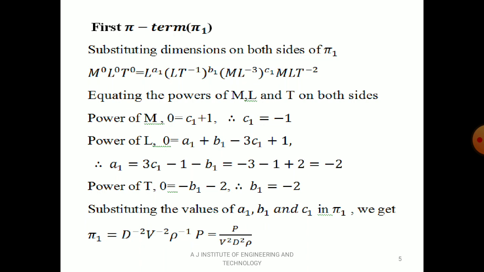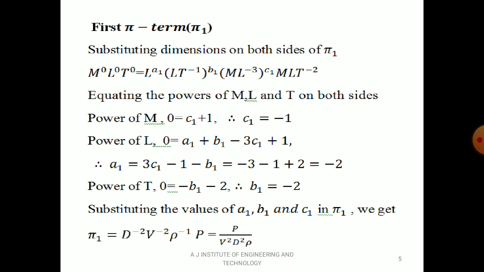That is equal to l to the power a1, as the dimension for diameter is l, into lt to the power minus 1 to the power b1. The dimension for velocity is lt to the power minus 1. Then into ml to the power minus 3 to the power c1, where ml to the power minus 3 is the dimension for density. Then into mlt to the power minus 2, which is the dimension for thrust or force.